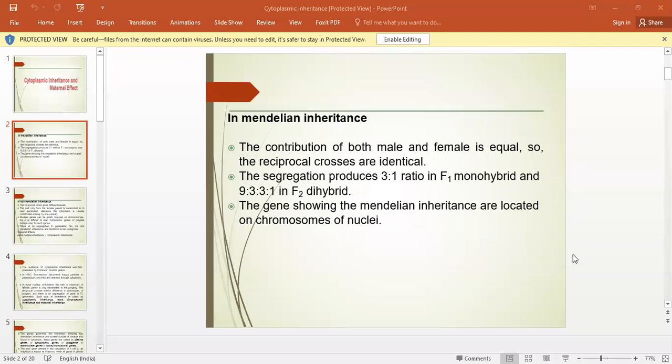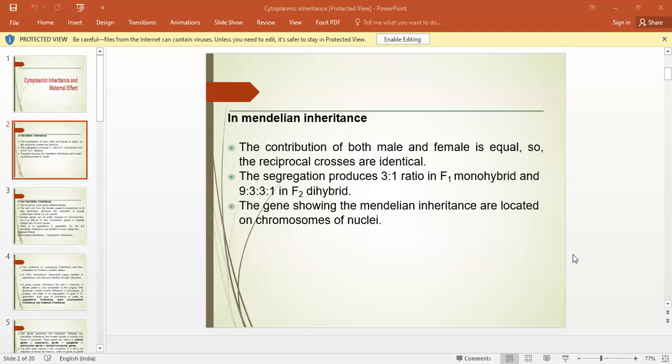Okay, so about cytoplasmic inheritance, we are studying, and first of all, we will go for the Mendelian inheritance. In the Mendelian inheritance, for the formation of the offspring, the contribution of the male and female is totally equal.